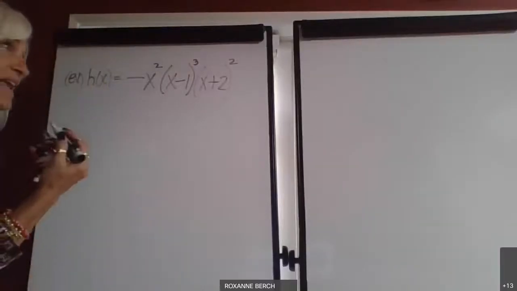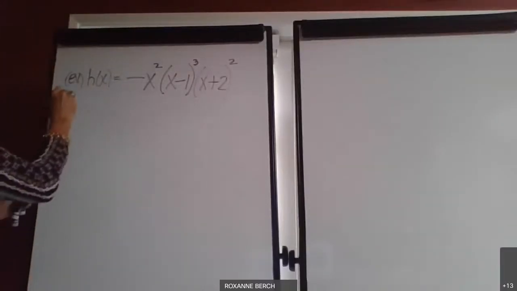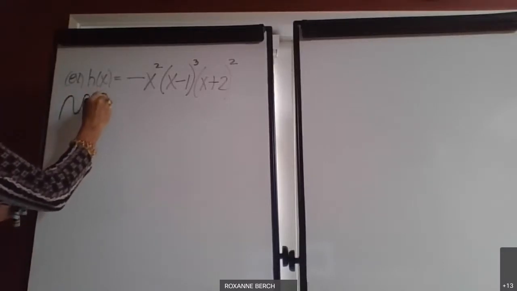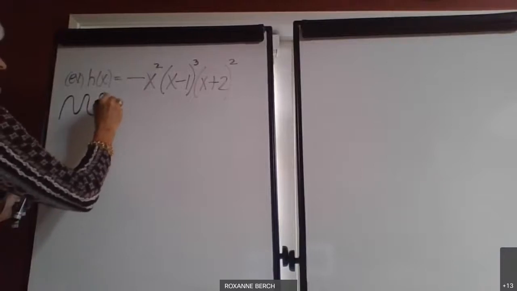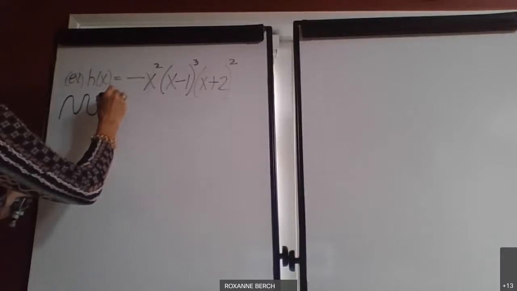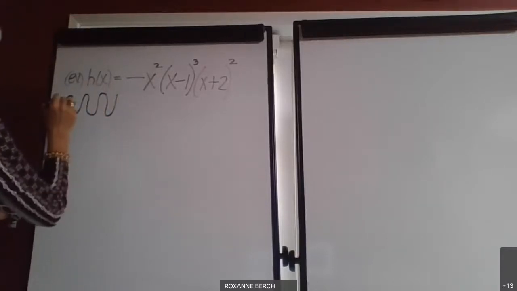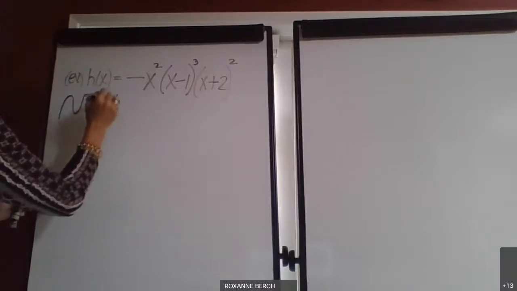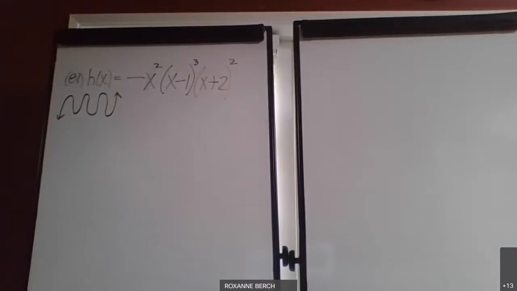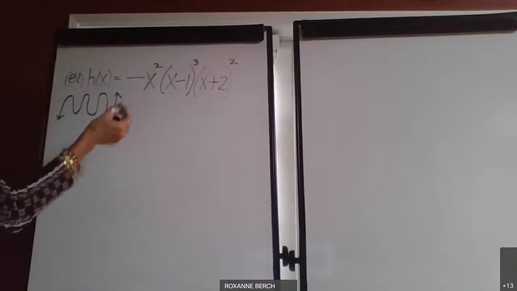So 7 tells me that it goes down, 1 turning point, 2 turning points, 3 turning points, 4 turning points, 5 turning points, 6. There we go. So it could look like this, right? So for sure it goes down and then up because it's odd degree.